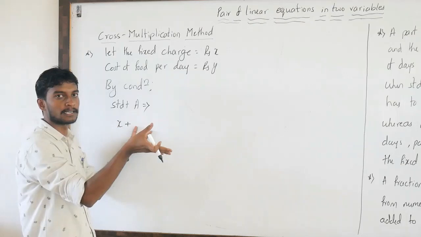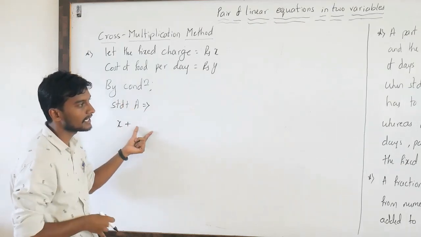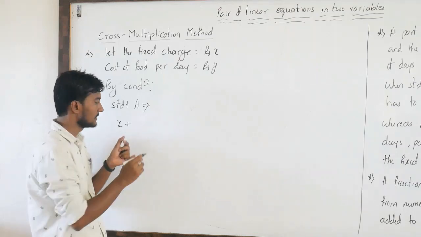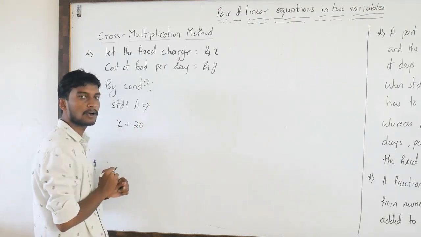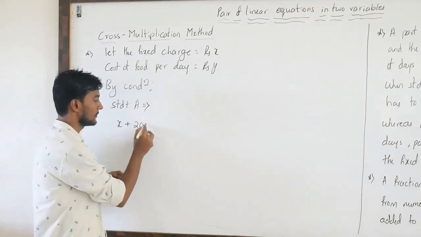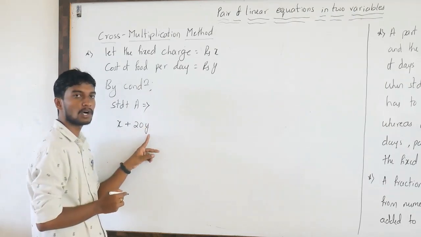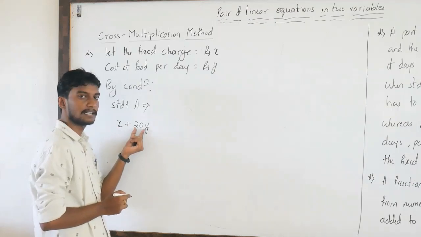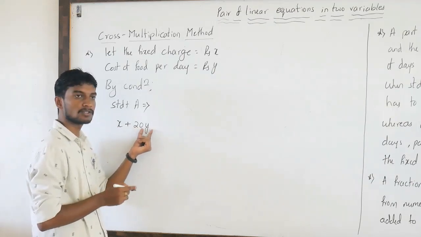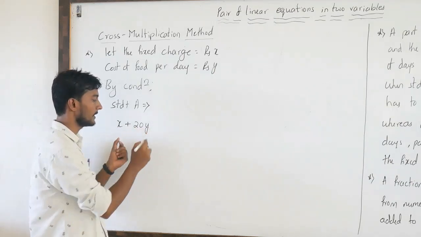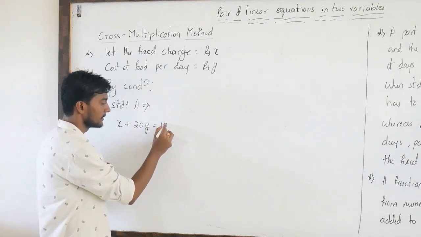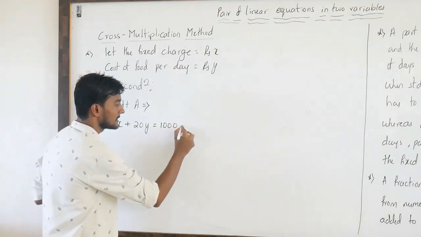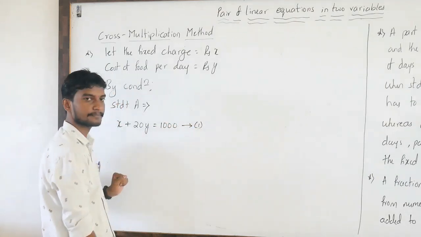She has taken food for 20 days, and the cost of food per day is y, so 20y. So fixed charge plus 20y, and in total she has paid 1000 rupees. Take this as equation number 1.